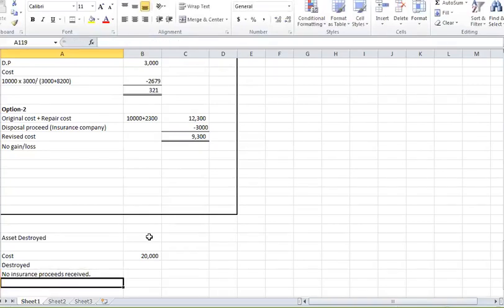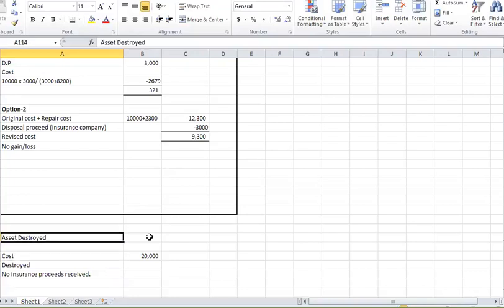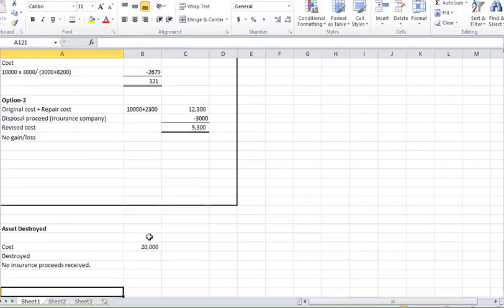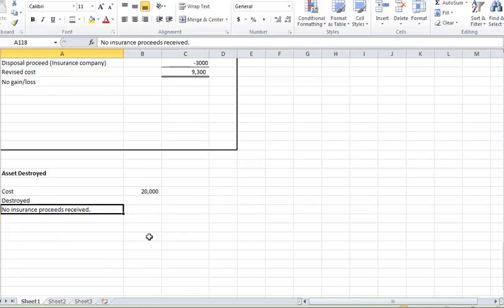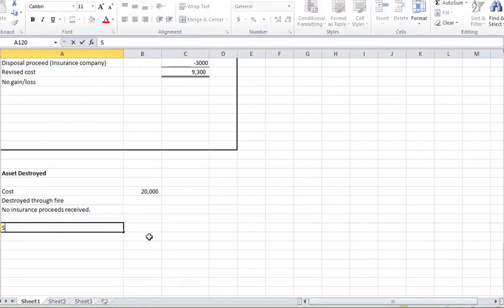Either the asset was not insured, or maybe your insurance claim was not successful. So the cost of this asset is £20,000. It was destroyed, maybe through fire, and no insurance proceeds are received in this situation.